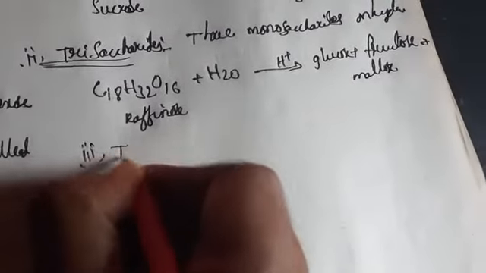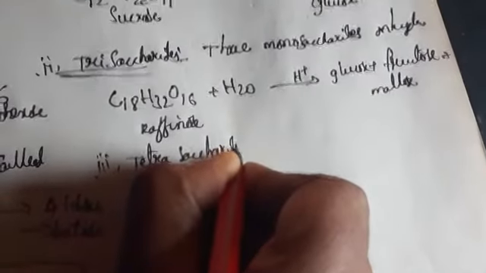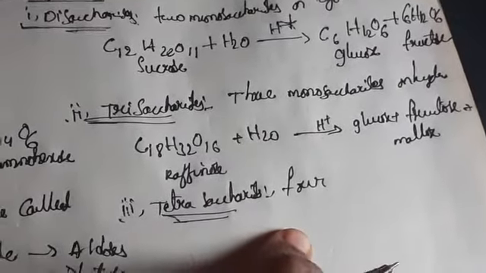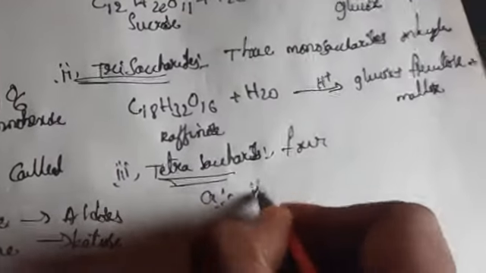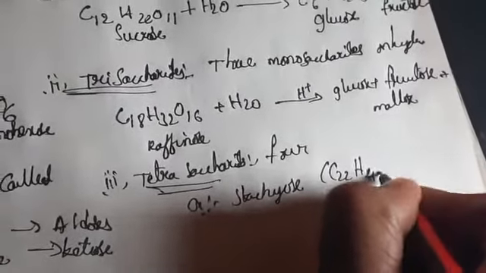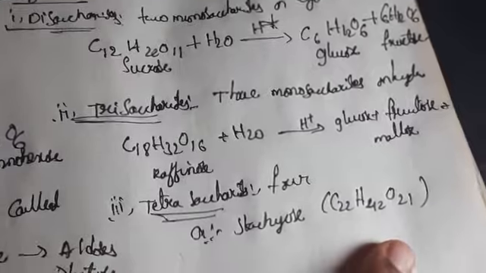And coming to tetrasaccharides. Tetrasaccharide means 4 monosaccharides on hydrolysis. The example we are going to take here is stachyose, with formula C22H42O21.